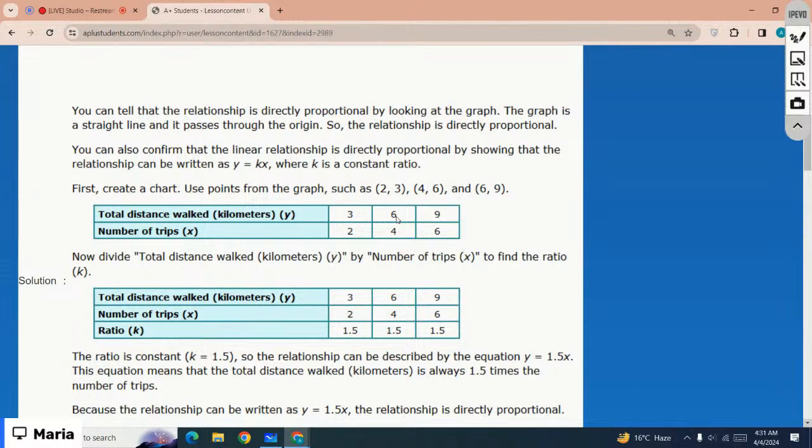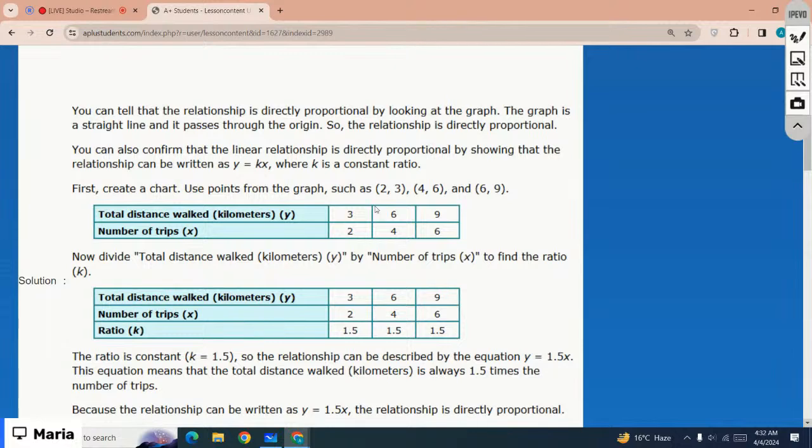When the total distance walked is 6, the number of trips is 4. You can divide these values, y over x, and find the value of k, that is 1.5, and the value is constant for all of them, right? That means the equation would be y equals 1.5x, and the relationship is directly proportional.